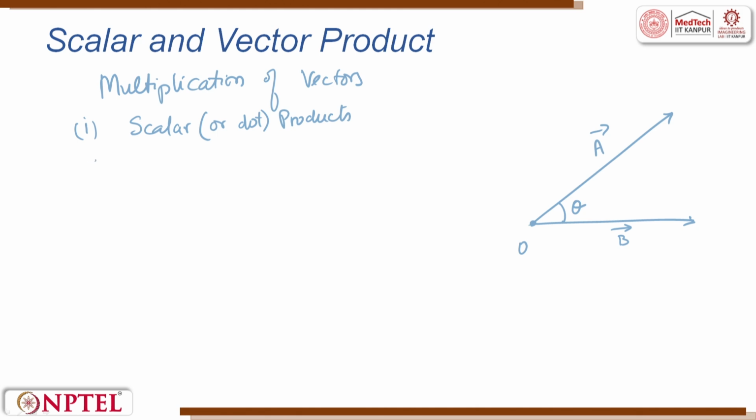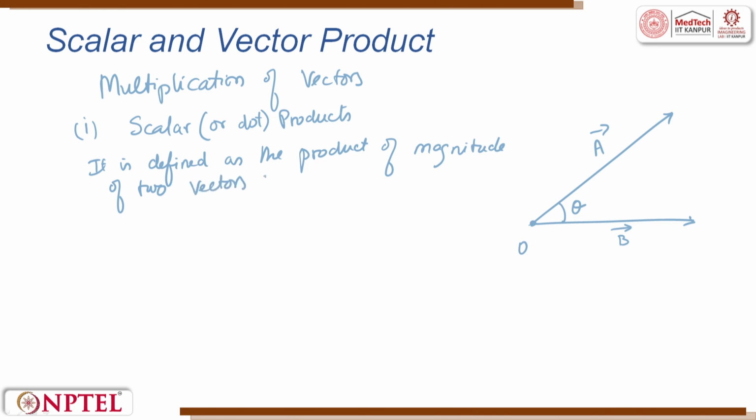Okay. So, scalar product is defined as the product of the magnitudes of two vectors and the cosine of the smaller angle between them. Okay.